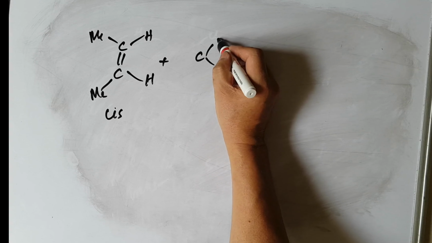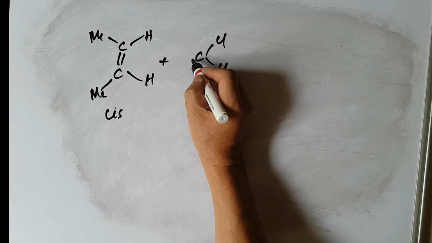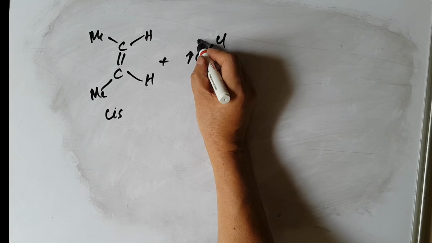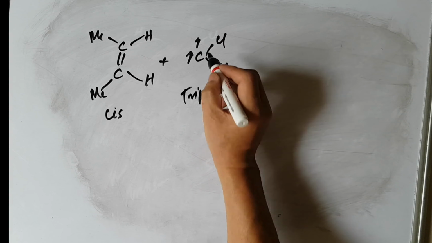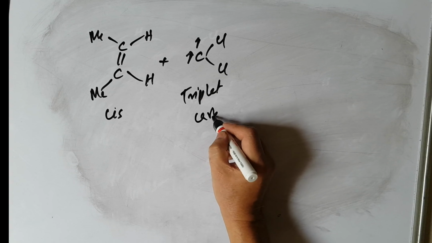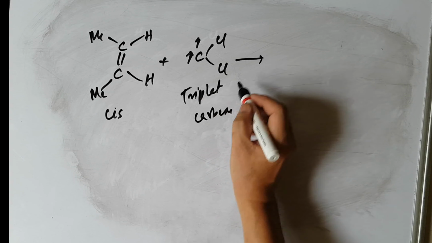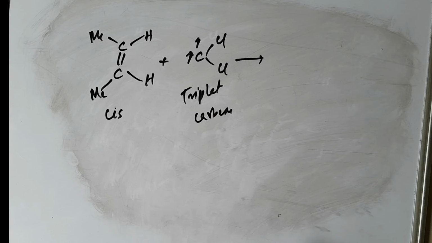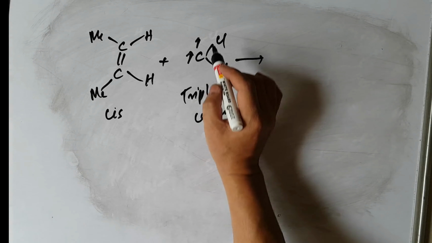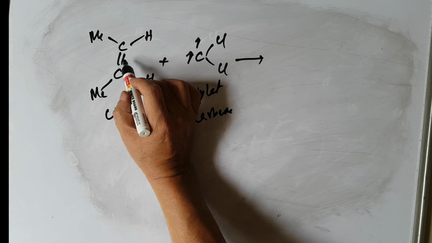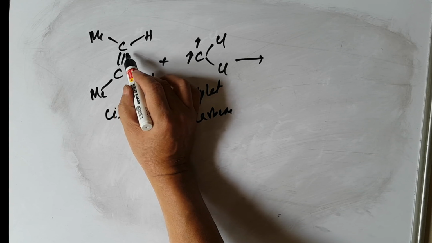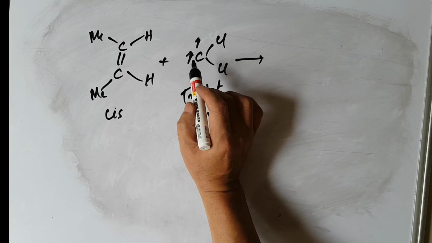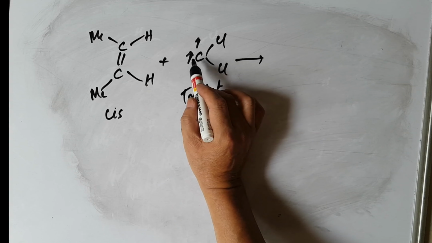Triplet has both electron spins up. So addition of triplet carbene to cis-butene, here one is up, one is down, pairing like this, so one down will combine with one.